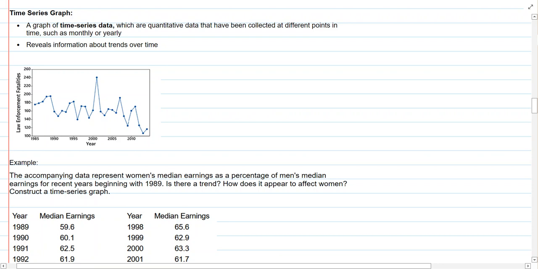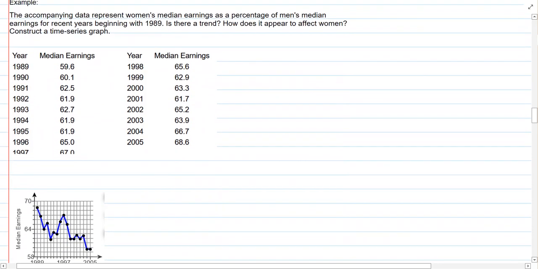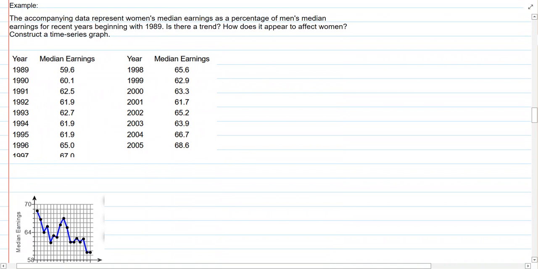All right. So let's see what we have here. We have the accompanying data represents women's median earnings as a percentage of men's median earnings. So this is how much a woman is earning against a male's income for recent years, beginning with 1989.